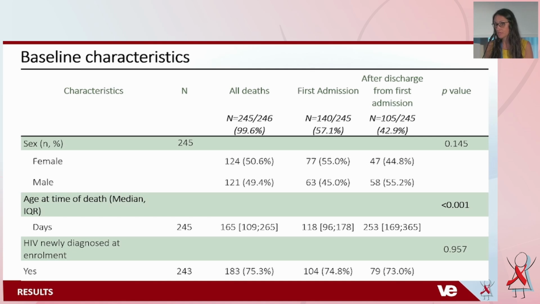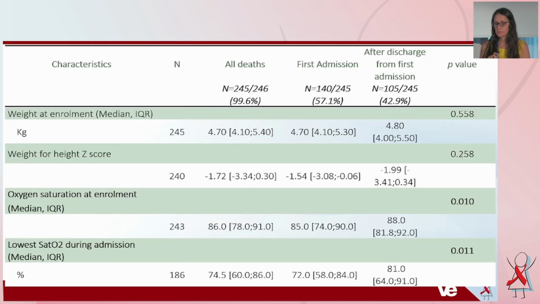Surprisingly, most of them were new diagnoses of HIV, around 75%. There was no difference in weight at enrollment, and no difference in weight for height. All of them were young infants with somewhat low weight, but there were no differences between groups.